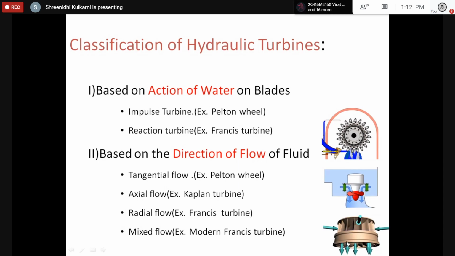Such type of flow we call a mixed flow. Example, the modern Francis turbine, or simply the Francis turbine. So that is based on the direction of flow of fluid.